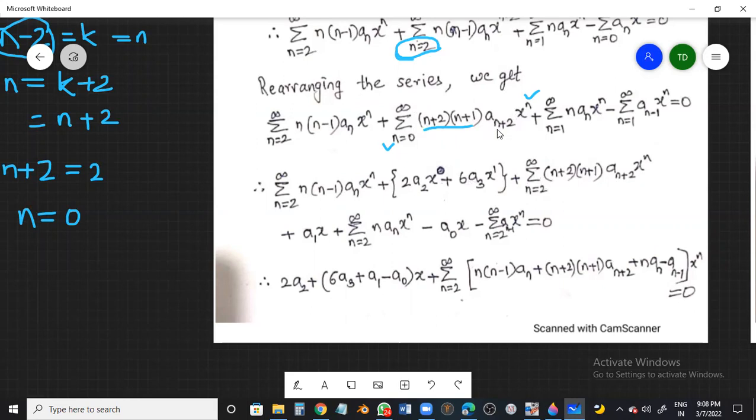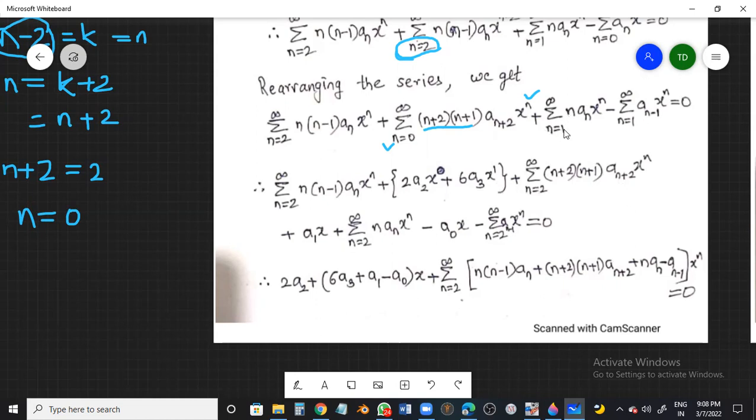So this particular sum is split into 3 terms as you are watching. Twice a2, x raised to 0 is 1, so it's a constant. 6a3x, and from n equal to 2 onwards I have this term. Hope you are following. Now I move ahead with this.